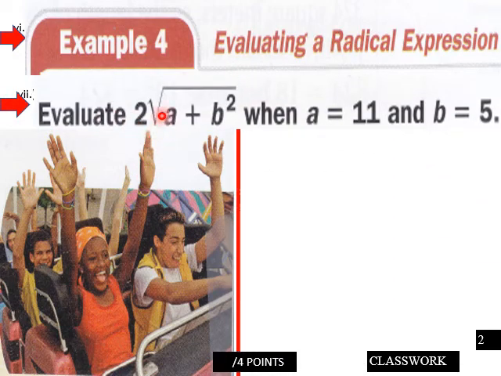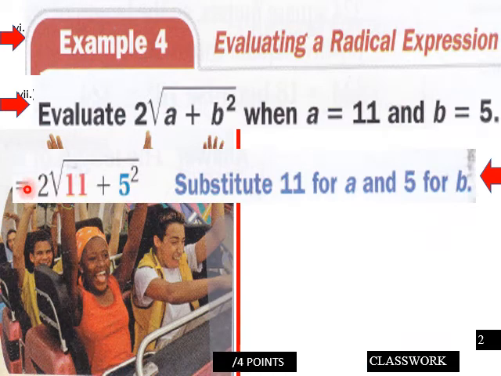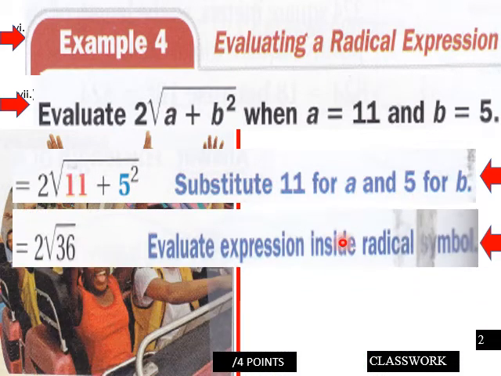Evaluate 2 times the square root of a plus b squared, when a equals 11 and b equals 5. So how will we evaluate that? 2 times the square root of 11 plus 5 squared, substituting 11 for a and 5 for b.